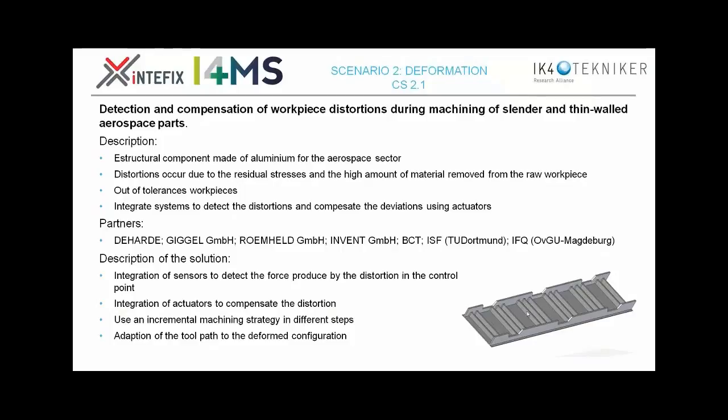And so here the idea is to detect the force coming from that distortion. I mean, as we advance in the process and remove material, some distortions are produced in the workpiece, and the partners will try to measure the reaction forces in the fixture, in order to assess the distortions of the workpiece.